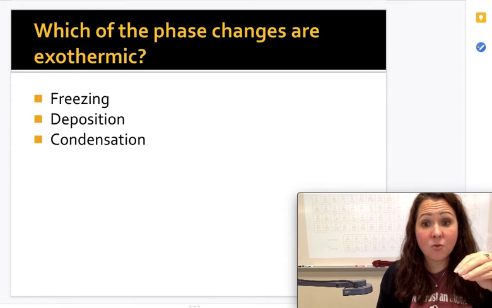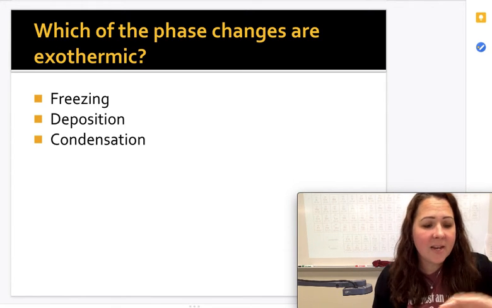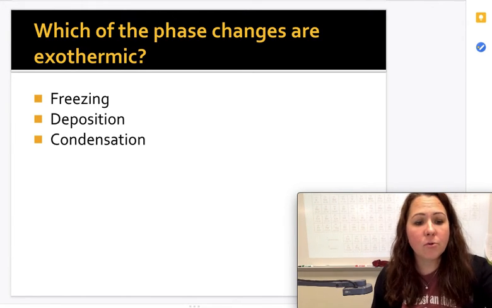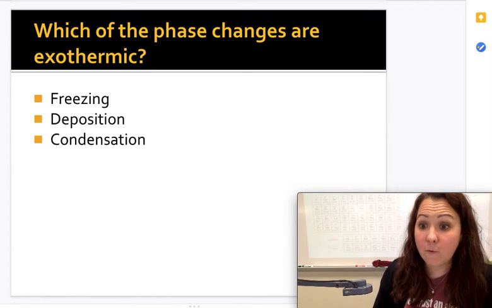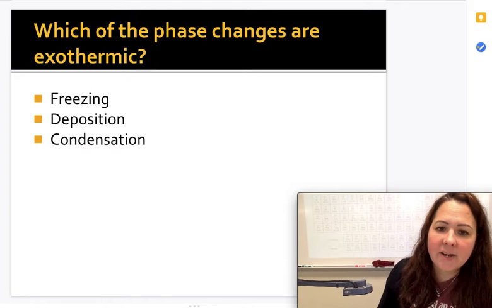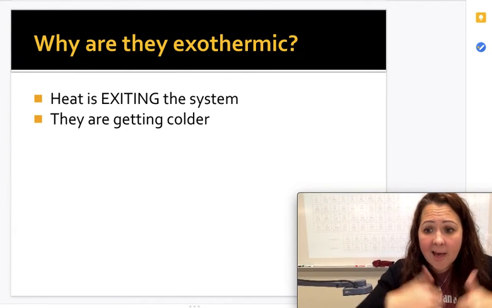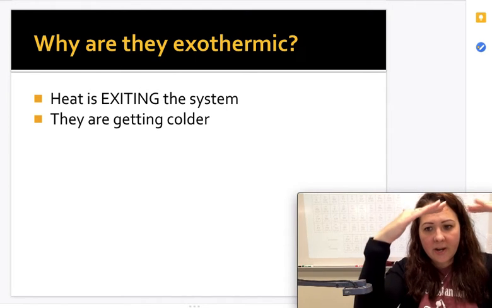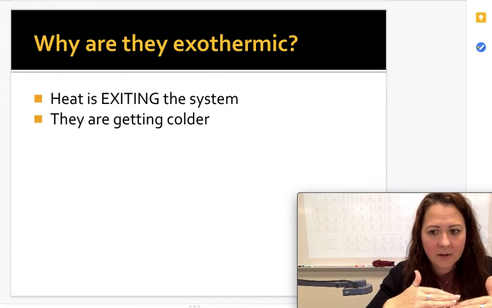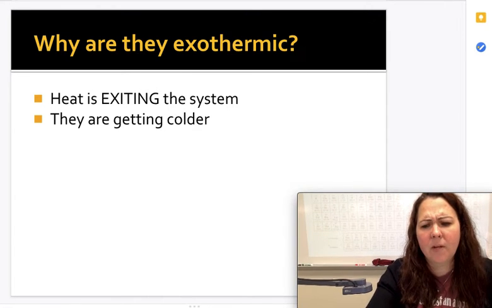Well, you have to cool them down in order to turn into a solid. So the heat needs to leave the system and go to the surroundings. So freezing is exothermic, and that one always kind of trips people out. Deposition and condensation are all the same way. In all of these cases, the heat exits from the system, so it's going to start at a higher temperature and end at a lower temperature. They are all going to feel colder. Get colder, feel colder.